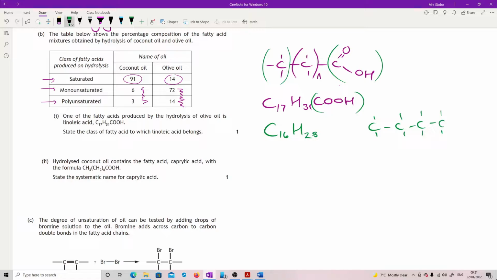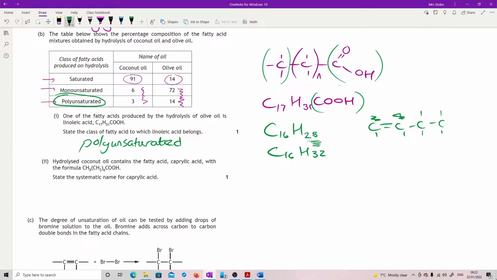Because every 2 hydrogens that I'm down, what I've done is got rid of 2 hydrogens and made a double bond. So if I was going to get fully saturated, I would need it to be C16H32. I don't have that. I've actually dropped out 4 from that. So I have not just 1 double bond, I have 2, which puts me to polyunsaturated.